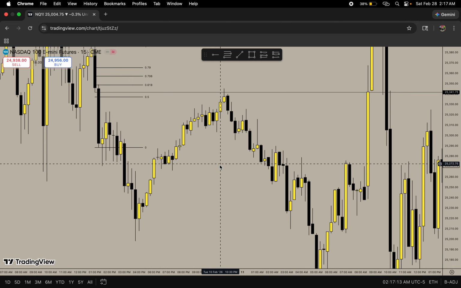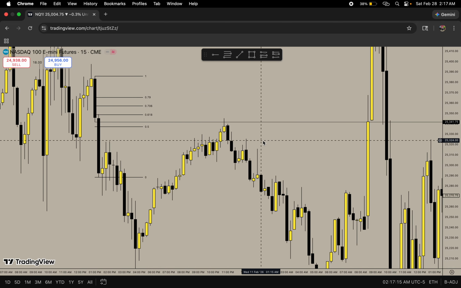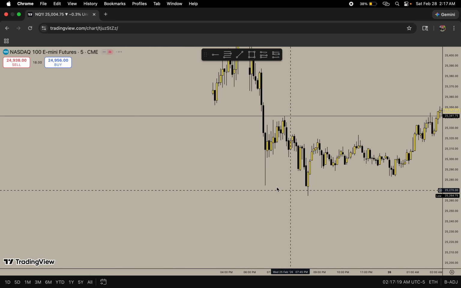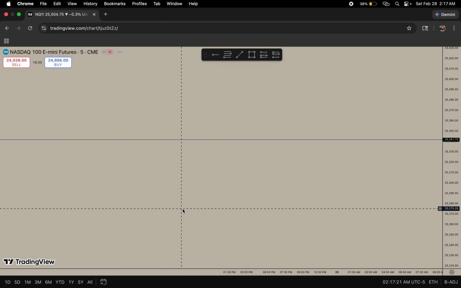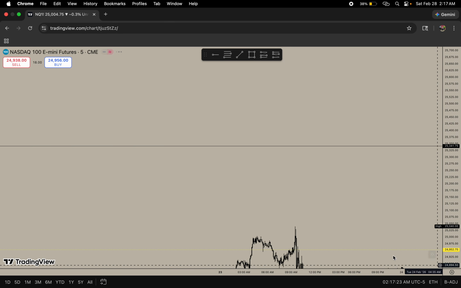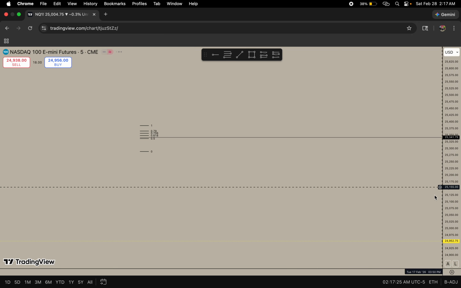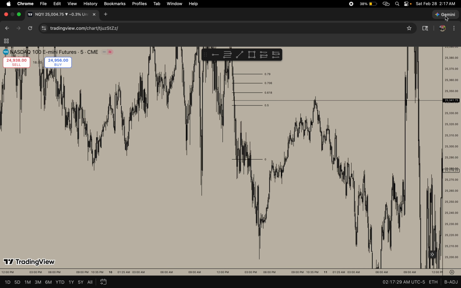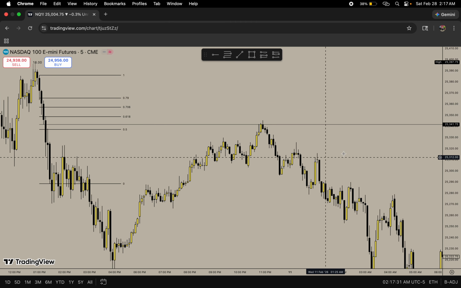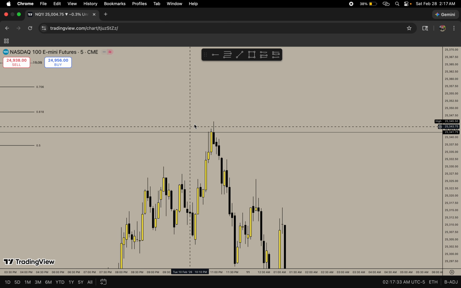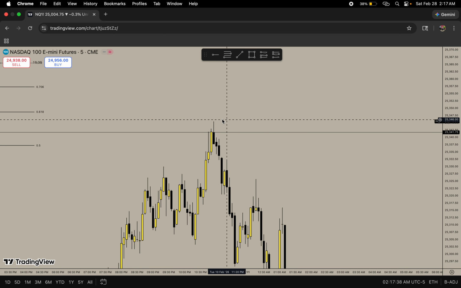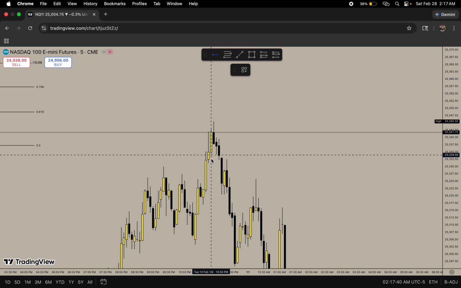Gap fill. Boom. Gap fill. High gets swept, closes bearish.